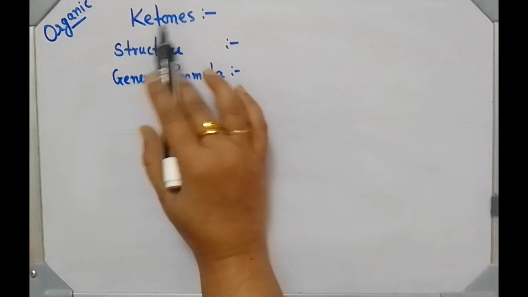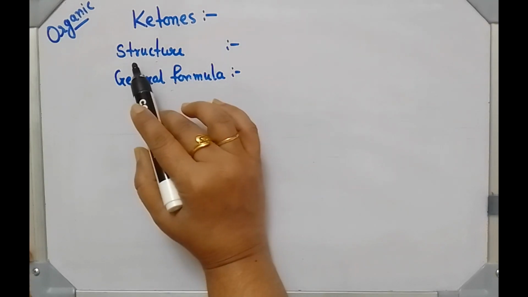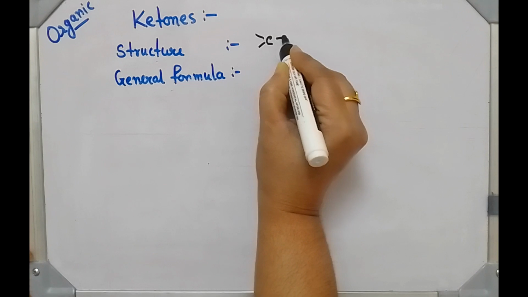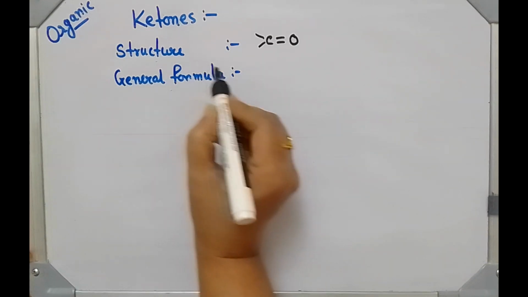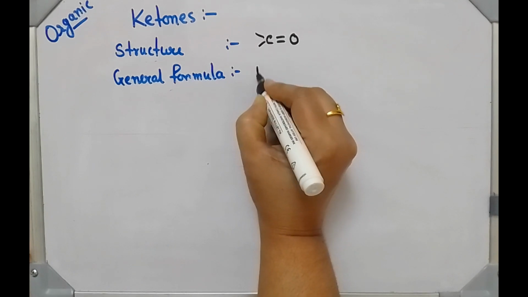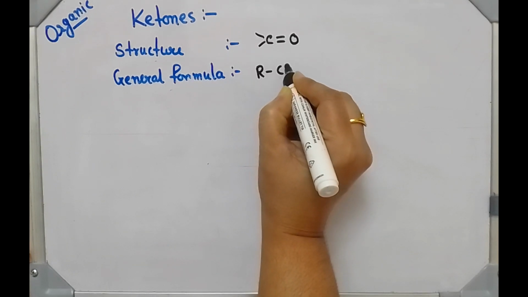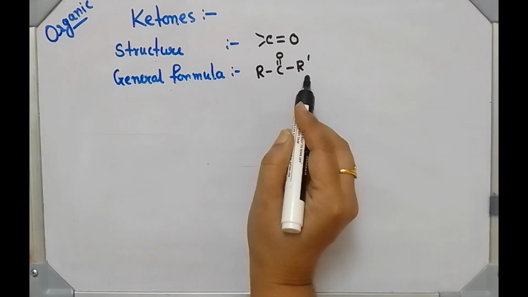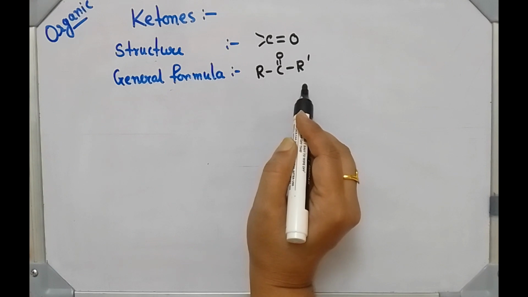Now see, the next functional group is ketones. The structure will be this one. This is the structure of the functional group. The general formula of ketones is R, C double bond O, R prime, where R and R prime are alkyl groups.